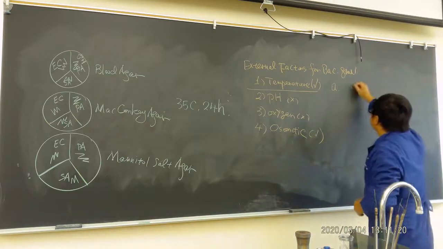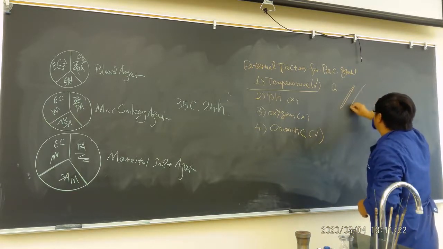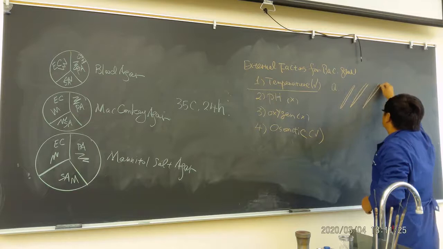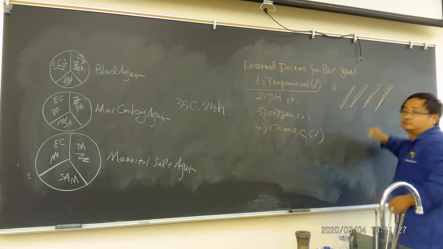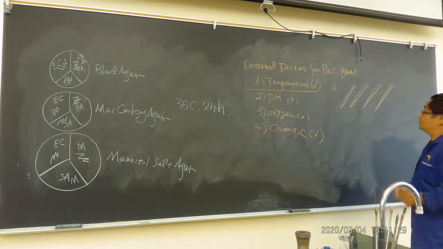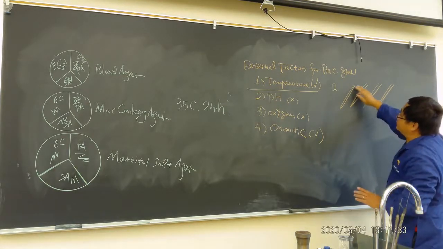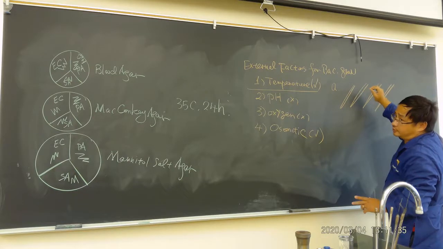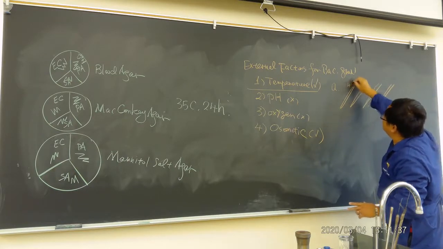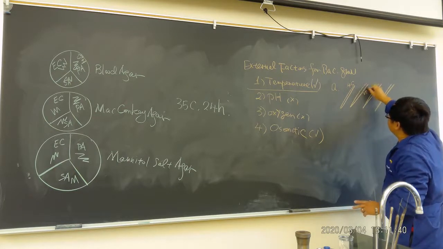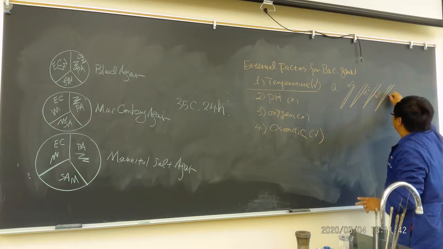Number 1, everybody will get 4 slants. Each of them you're going to have to label, same thing, you label right on the side. But very important, you're going to label the temperature. This will be labeled 4C, 25C, 35C, and 55C.